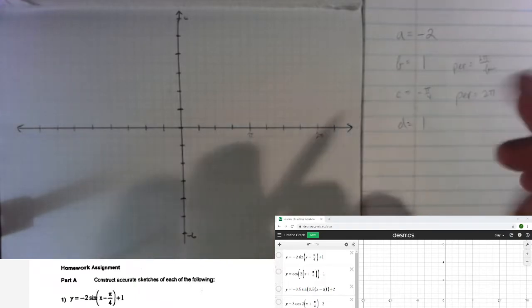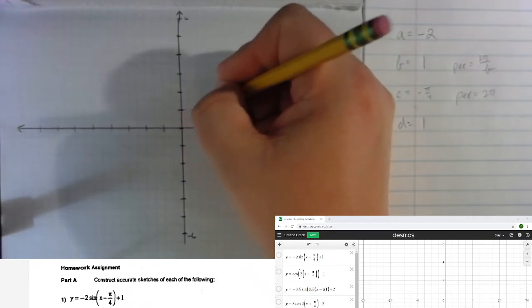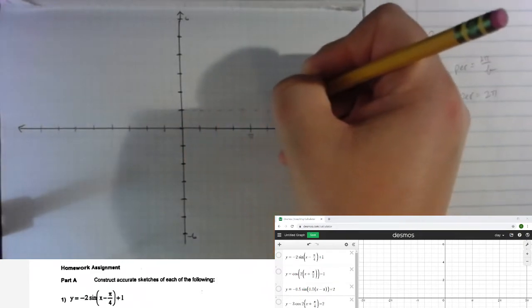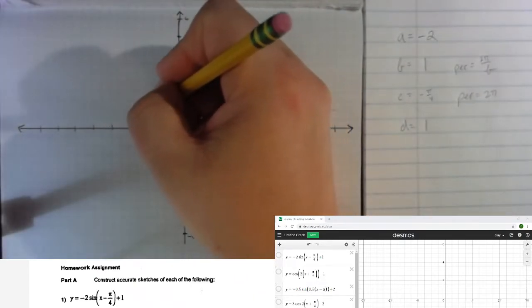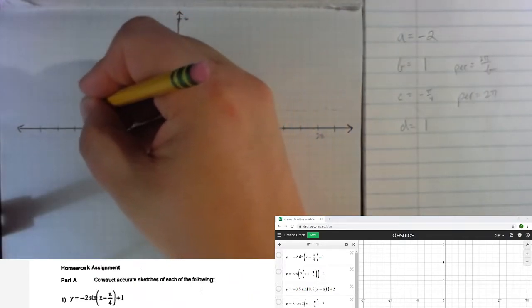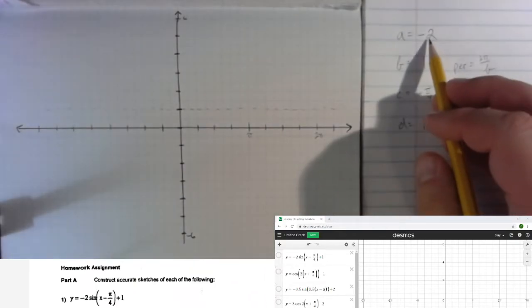I always graph the d first, so d is 1. So that means I have a central axis at 1. So there's my central axis. And what's the next thing I'm going to do? I'm going to do a. A is 2.